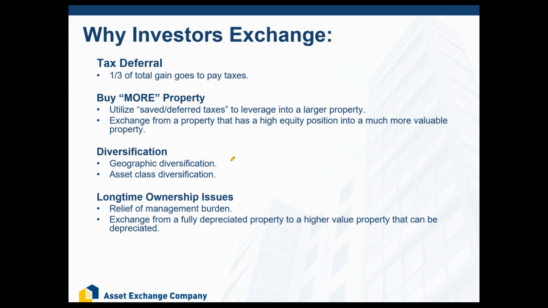Well, if you want to protect and preserve that wealth, a way to do it is to diversify into different geographies or different types of real estate or both. So I have a lot of investors who are simply looking to protect and preserve their wealth, and the way to do it is with a 1031 exchange and diversify into different areas or different property types.